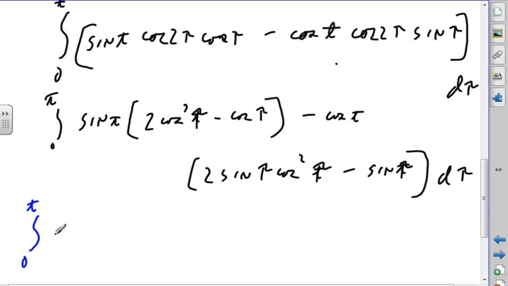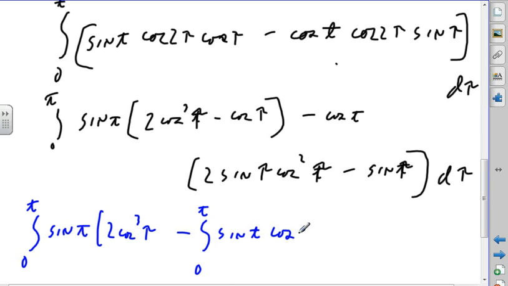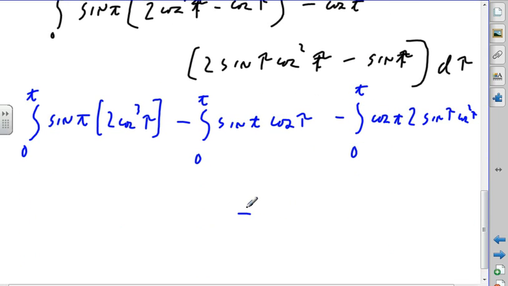Integral 0 to t of sine t 2 cosine cubed tau minus integral 0 to t sine t cosine tau minus integral 0 to t cosine t 2 sine tau cosine squared tau, minus plus integral 0 to t cosine t sine tau.